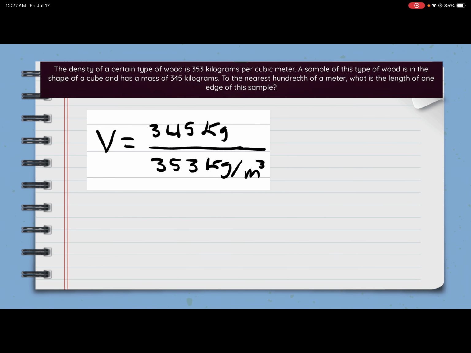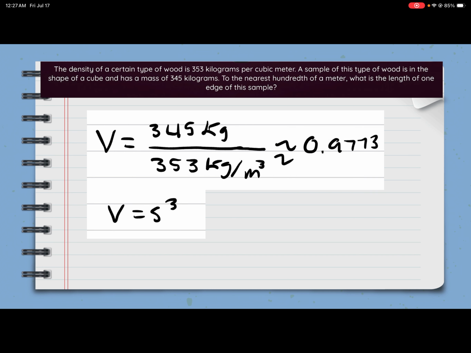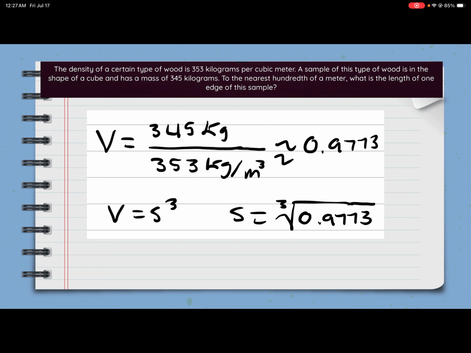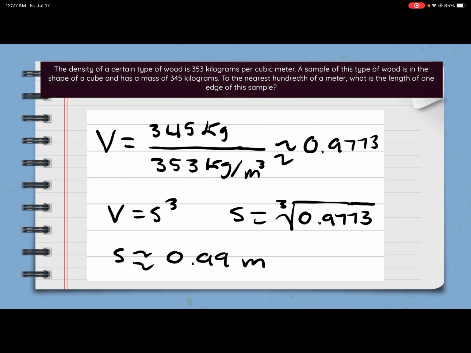The way to do that is we have kg over kg per m cubed to get the volume, which is just in meters cubed. And again, if you want the edge of a sample, you have to cube root the volume. And once you do that, you'll get 0.99 meters.